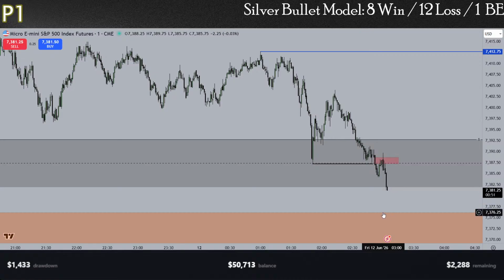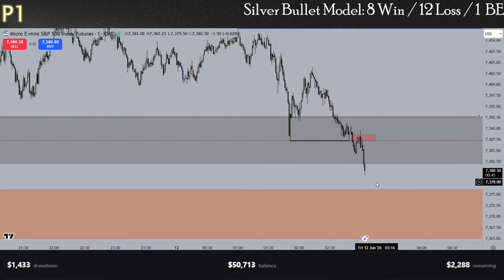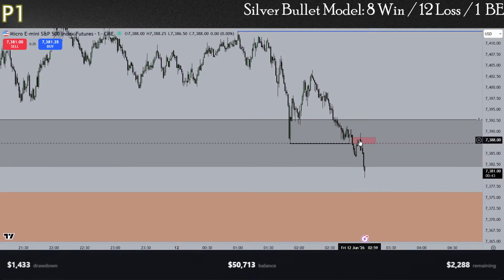So this 15-minute bullish inversion fair value gap is now definitely in the cards and in the play. I like the delivery of this little fair value gap in here, because it delivered so well on the downside. Whenever the price would go above it, I would see it as a high probability bullish inversion fair value gap.